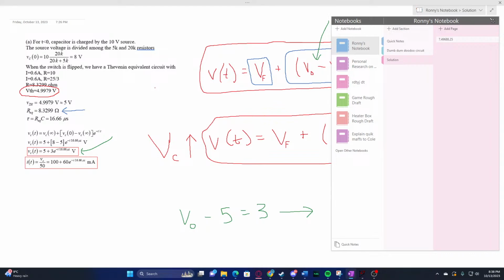How could we possibly get 15 ohms out of that? Yeah, that's kind of crazy, ain't it?